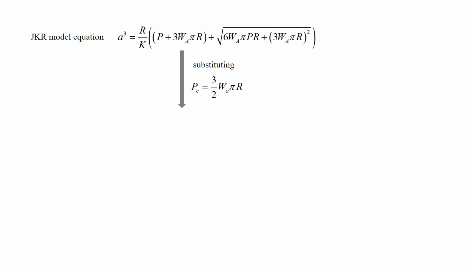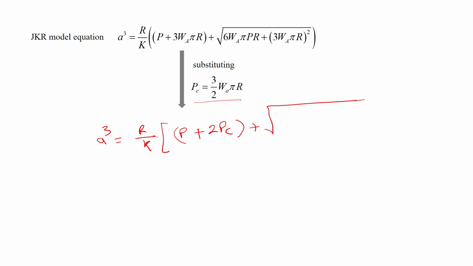In this JKR model equation we substitute Pc equal to 3 by 2 Wa pi R. So, therefore, this a cube will be obtained as R by K, and this will be capital P plus 3 Wa pi R, which is equal to 2 Pc, so it is 2 Pc over here, plus the square root, again this is 2 into 2, so it will be 4, and this is P into Pc.